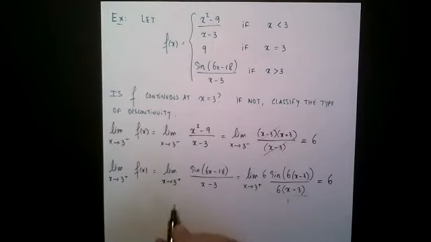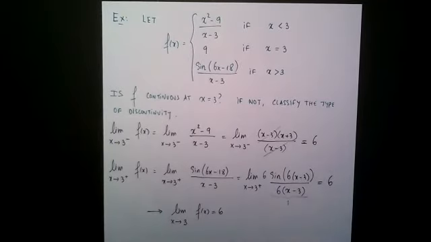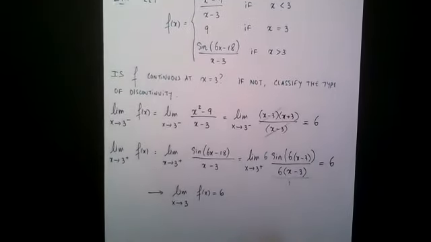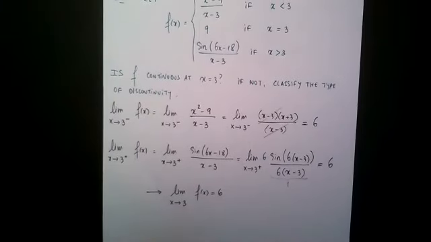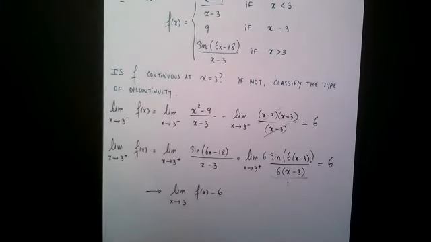Okay, so now we know that the limit exists and it's equal to 6. So the limit as x approaches 3 of f of x is equal to 6. And so the first requirement for the function to be continuous at x equals 3 is already satisfied because the limit exists. What's the second requirement I need to check? The limit has to equal f of 3.